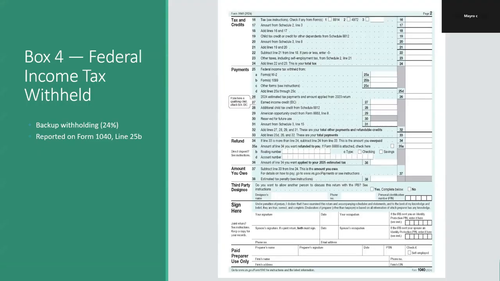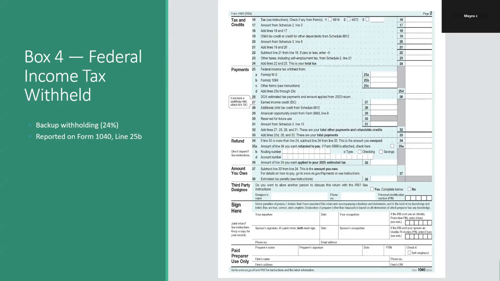So you've heard of tax withheld. If you have tax withheld from a dividend, they're going to withhold 24%. And again, it's going to be on line 25, federal income tax withheld. We're going to have income tax withheld from our W-2s on 25A.